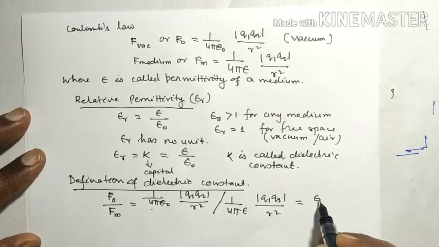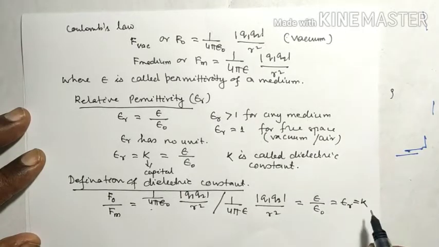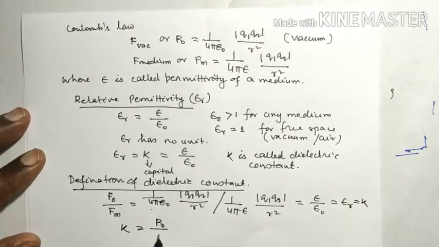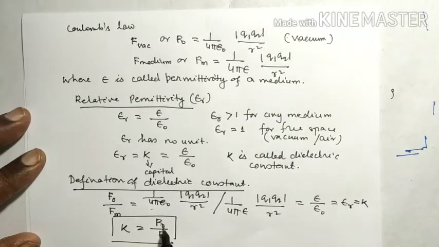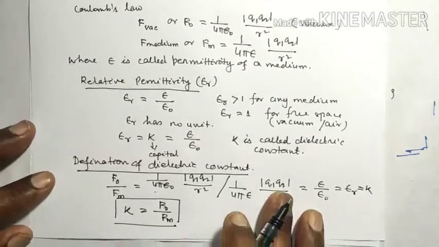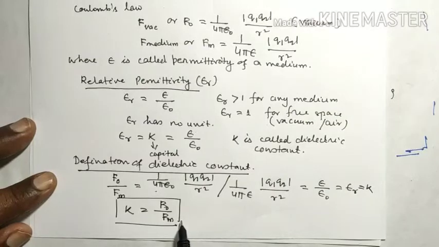So this is equal to epsilon by epsilon naught, and epsilon by epsilon naught is epsilon r, or this is equal to K. So K equals F0 by Fm. It is the ratio between force F0 and Fm. F0 is the force between 2 point charges when the two charges are placed in vacuum or free space, and Fm is the force between the same 2 point charges when both are placed in a medium with the same distance.